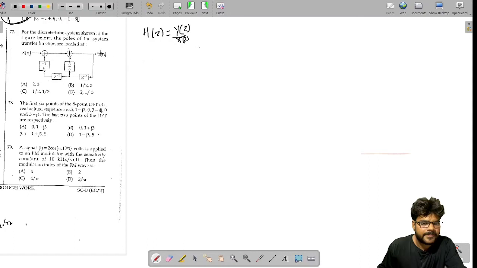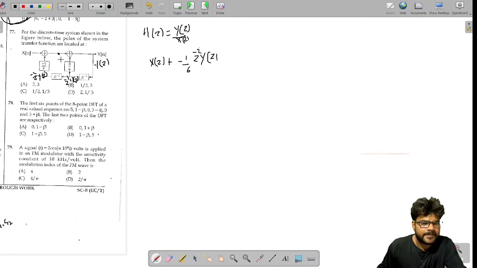So for that, this is y of n, so if you take the Z transform, this will be Y of z, and this will be z inverse Y of z, and this will be z minus 2 Y of z. Okay, now let us write it. So X of z plus minus 1 by 6 z minus 2 Y of z.